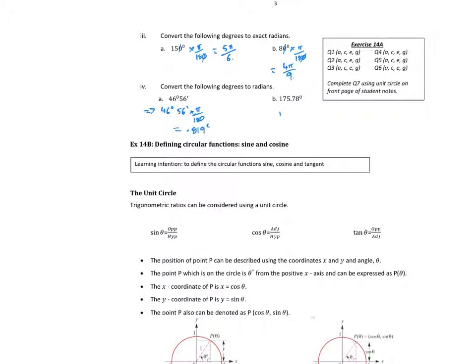Similarly, 175.78 times pi over 180, well, 175 over 180 is nearly 1, so our answer should be close to pi, which is equal to 3.07 radians. All right. So at this early point in time, it's really just using our conversions, times by pi on 180 or divide by 180 or times by 180 on pi. Okay.